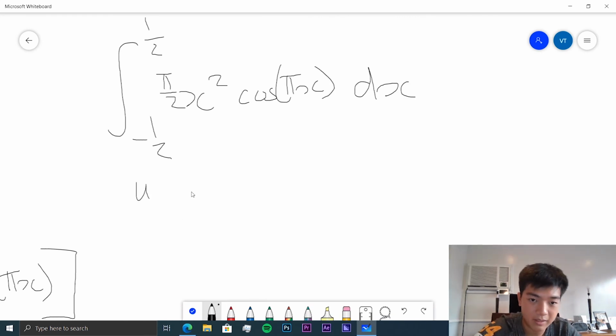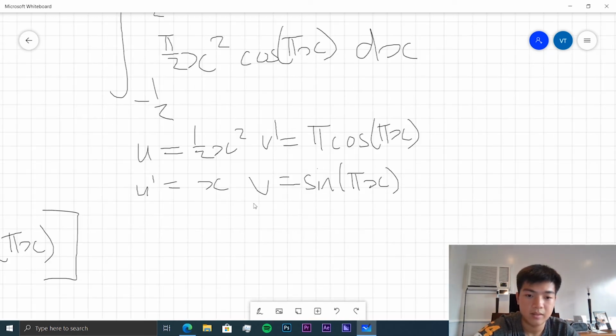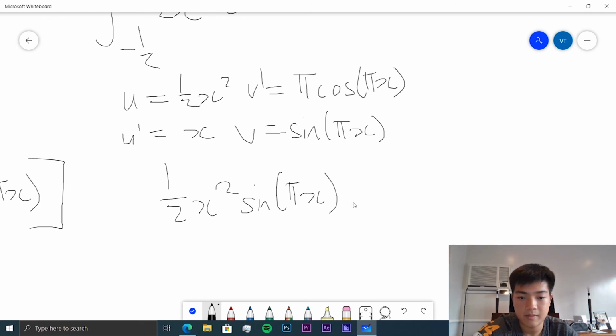This is a double integration by parts, so u is equal to 1/2 x squared, u prime is equal to x, v prime is equal to pi cosine pi x, v is equal to sine pi x. So we have 1/2 x squared sine pi x minus the integral of x sine pi x.